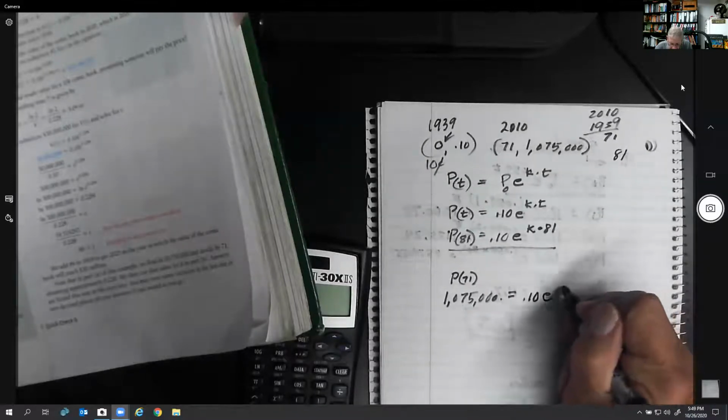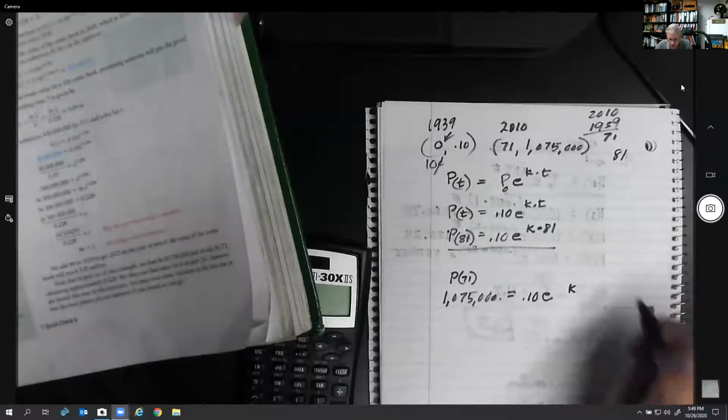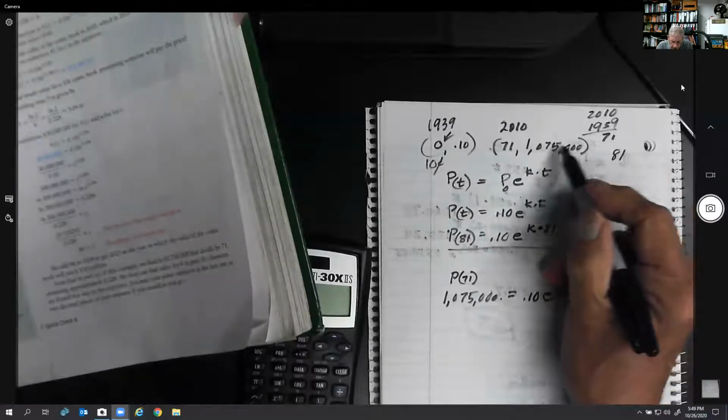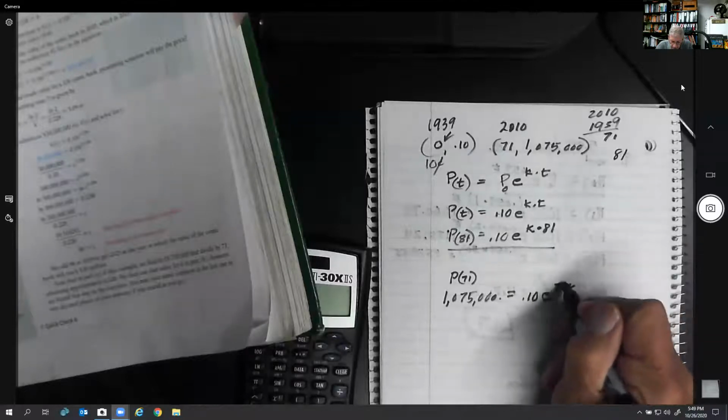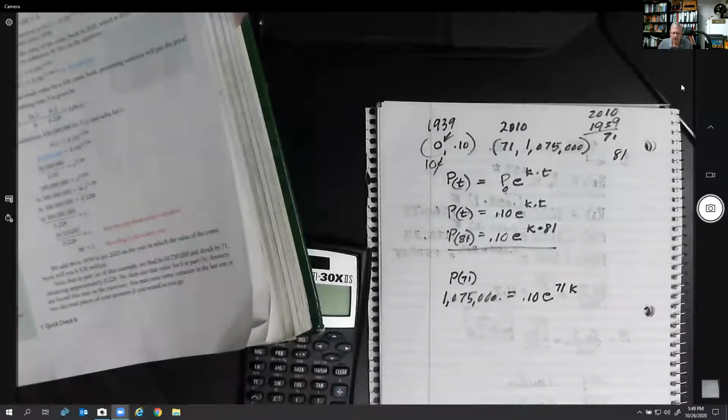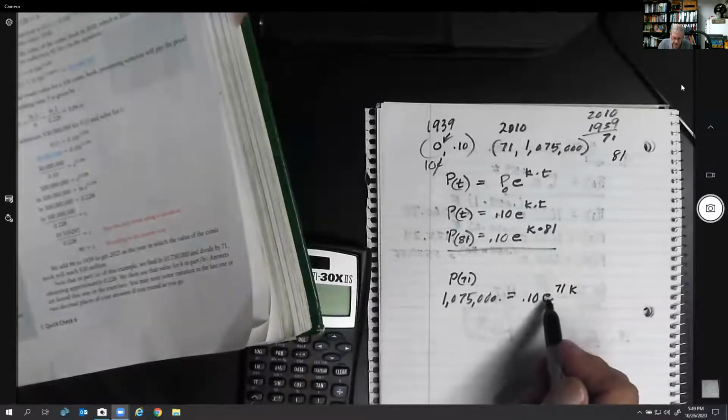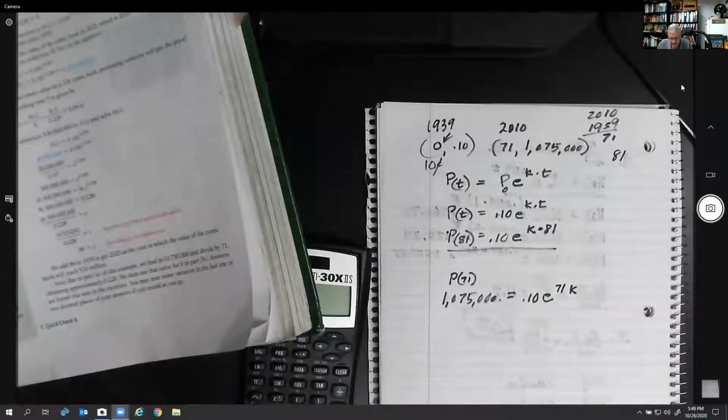We don't know the constant k, which is the growth rate, but we know that this was 71 years later. So we do have a formula to find k. k is the rate of growth. We don't need to find e because e is a constant.